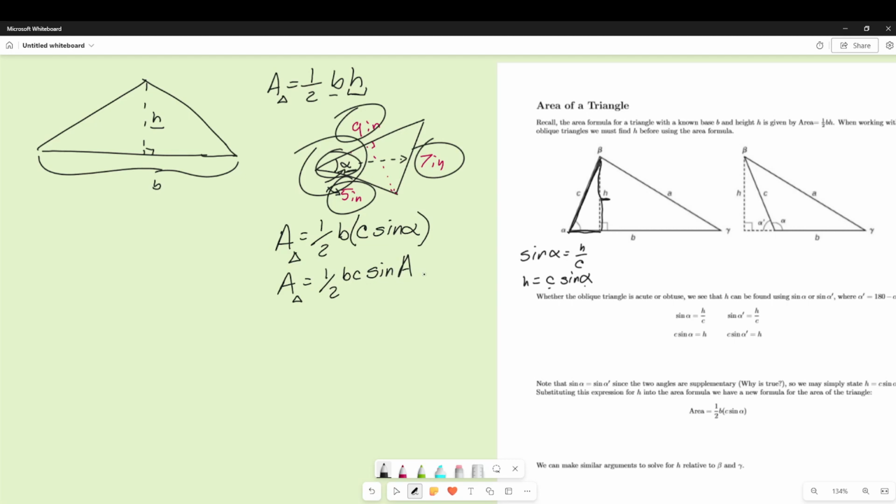And I like that, again, mostly because it illustrates that this angle is not the angle opposite of either of those B or C. Sides B and C make up angle A. These sides B and C make up that angle A, not that angle A being opposite. We're kind of ignoring that opposite side when we talk about this area.